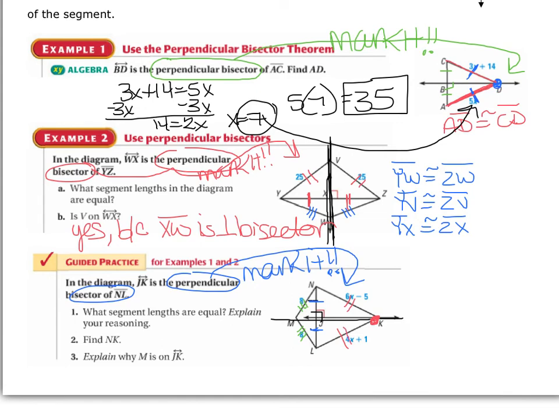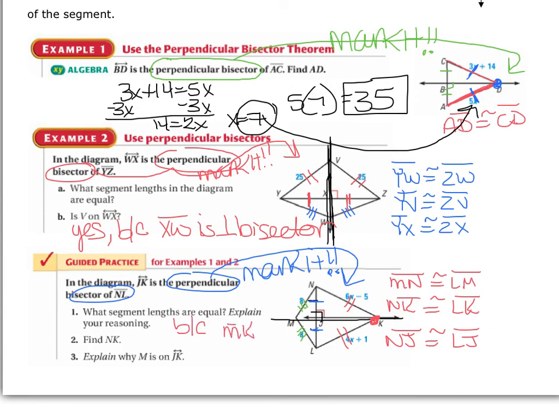So our congruent pieces here are MN is congruent to LM. Let's see, NK congruent to LK, and NJ is congruent to LJ. And those are all congruent, again, because MK is the perpendicular bisector.